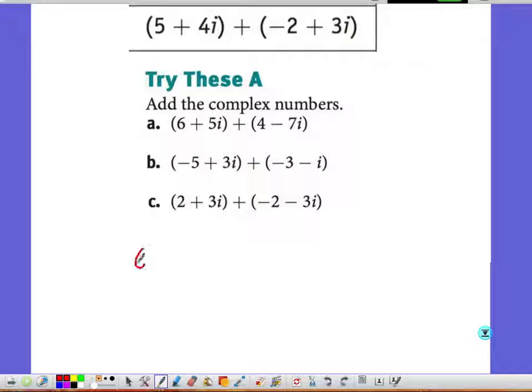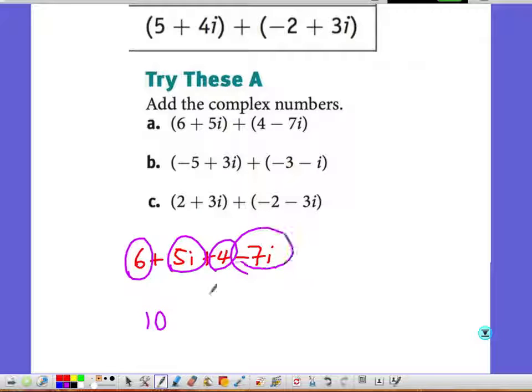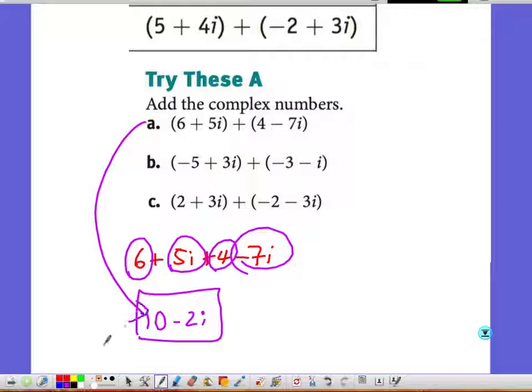No, we don't need them. So we can basically write A as 6 plus 5i plus 4 minus 7i. And what we want to do now is just combine like terms. Here we have 6 and 4, which is 10. And then we have 5i minus 7i. Do the arithmetic, and that's going to be -2i. Simple as that. We just added these two complex numbers and it gave us this.